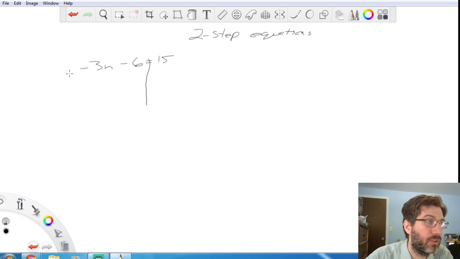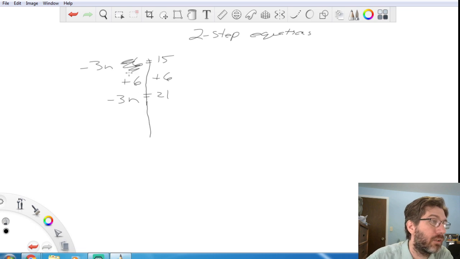That's your goal. So which side has the variable? This side has the variable, get it by itself. It has a negative 3 times an n minus a 6. We have some addition and subtraction going on here, so let's get rid of that negative 6. So I'm going to add 6, do the inverse of it. Add 6 to this side. This gives me 21 over here, and this gives me negative 3n over here.